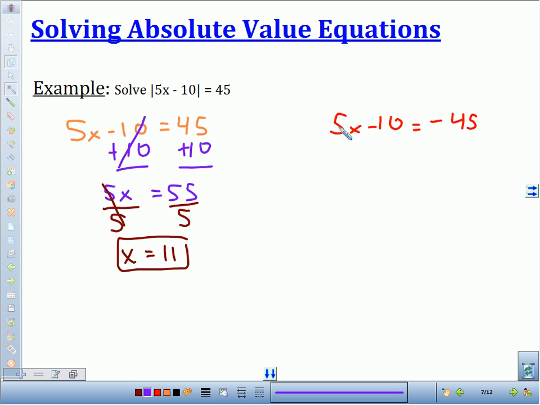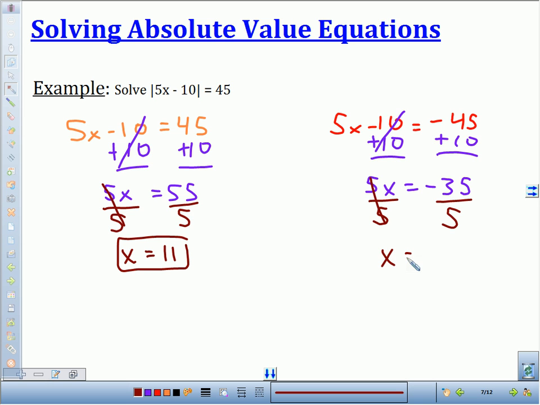So on the other side, I have 5x minus 10, same steps, right? I'm going to add 10. I end up with 5x equals negative 35 in this case, because negative 45 plus 10 is negative 35. And just like before, I divide by 5.